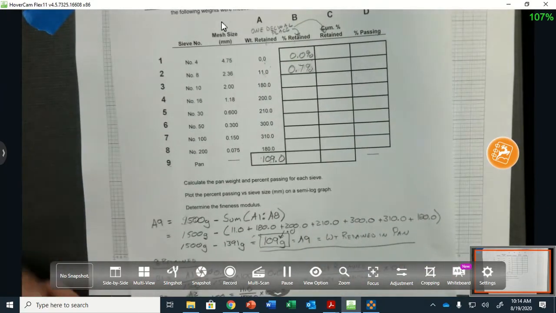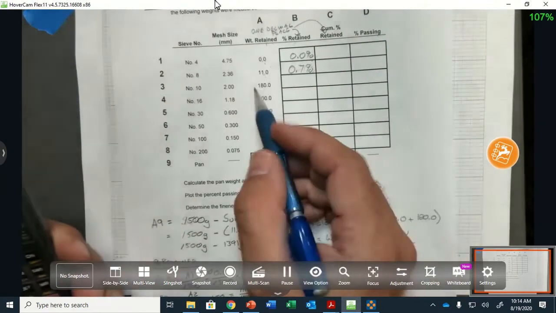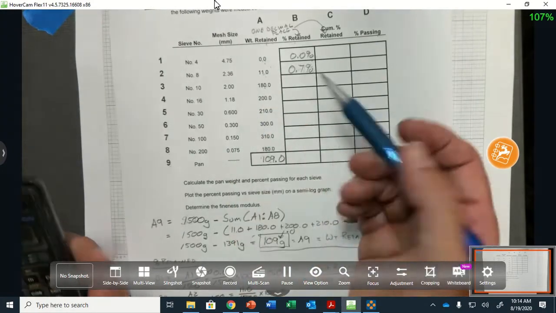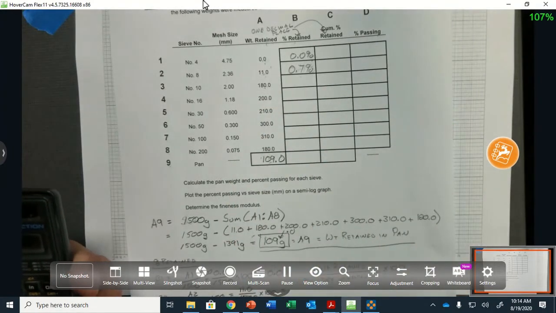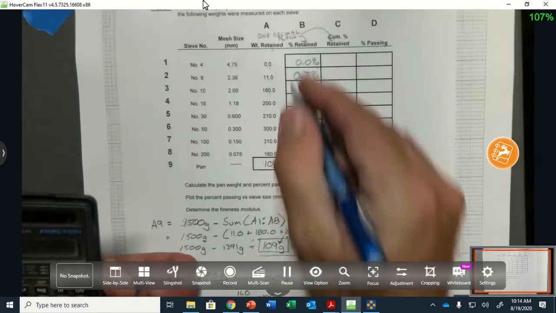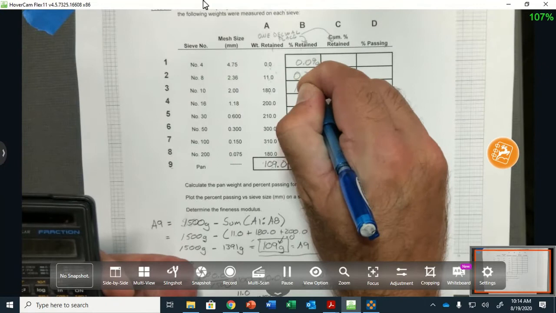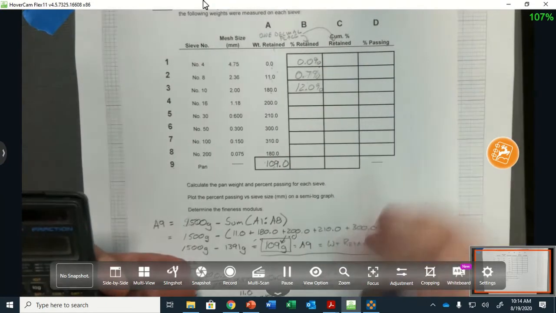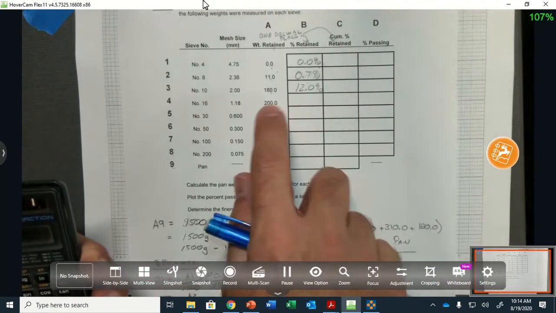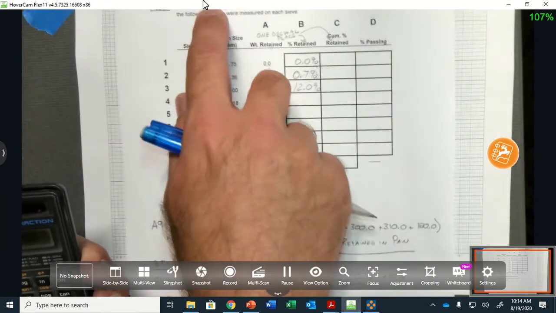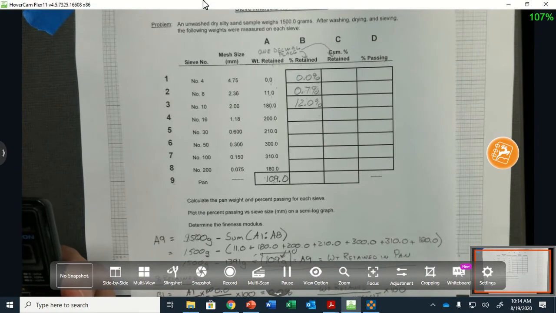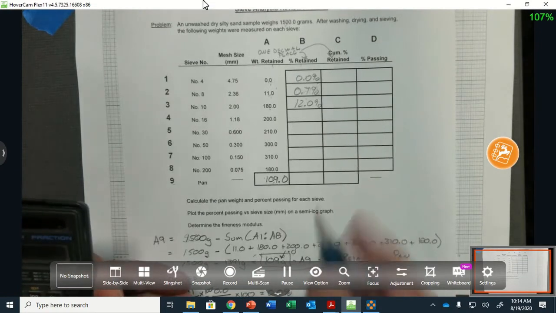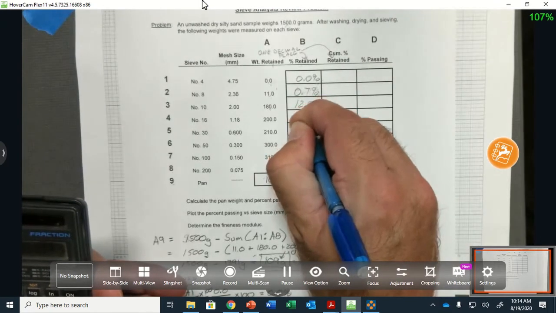I'll do it out loud here. So to calculate B3, I take weight retained divided by 1500. So I take 180 divided by 1500 times 100, and I get 12%. So that is 12.0%. I need one decimal place. Next one, 200, all right, divided by 1500 times 100 equals 13.3%.